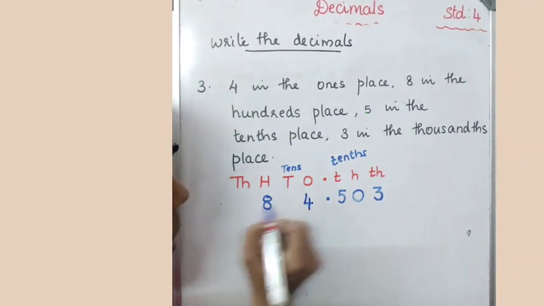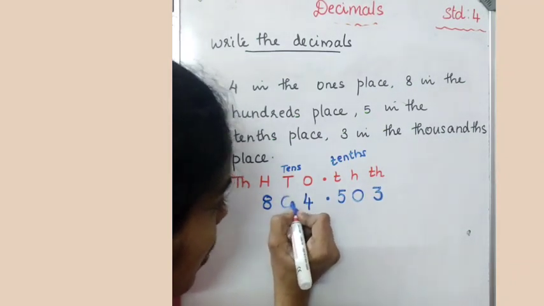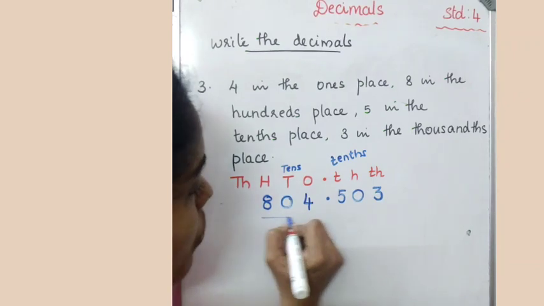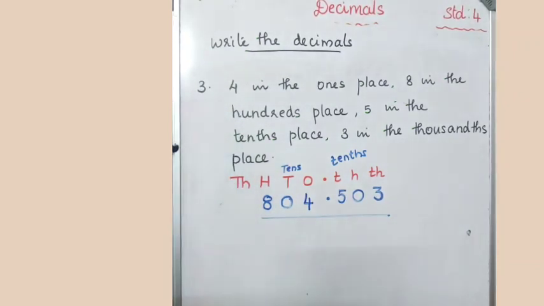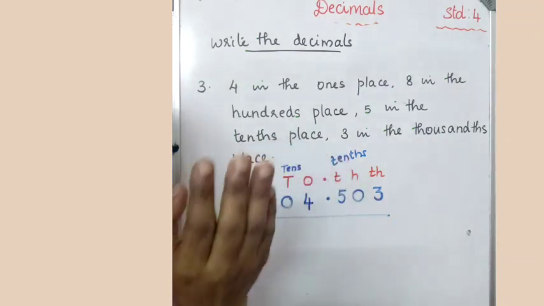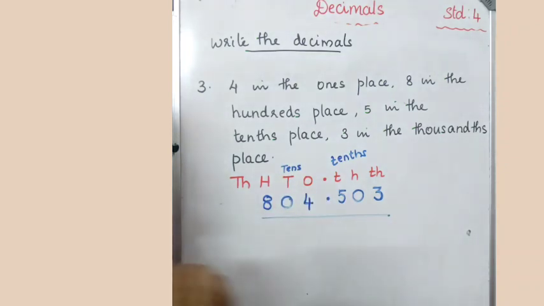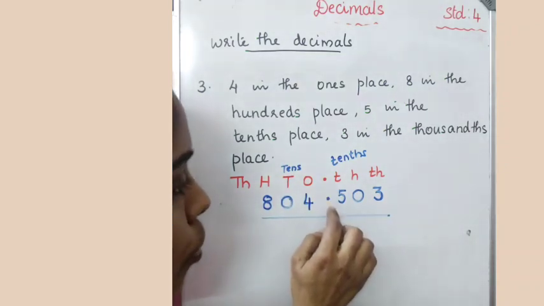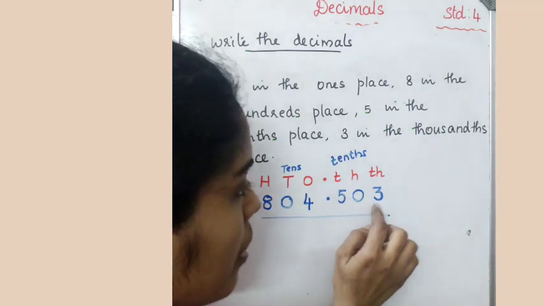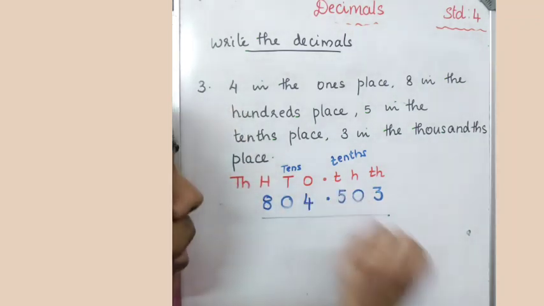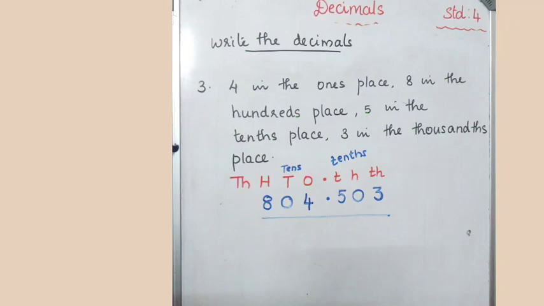So the number is 804.503, not 503. Don't read this as 0.503. Otherwise it is incorrect. Okay.